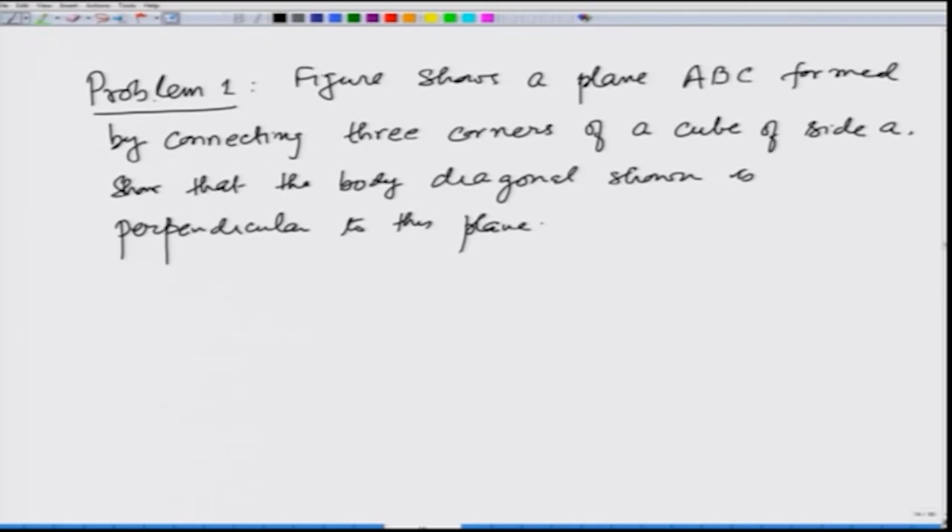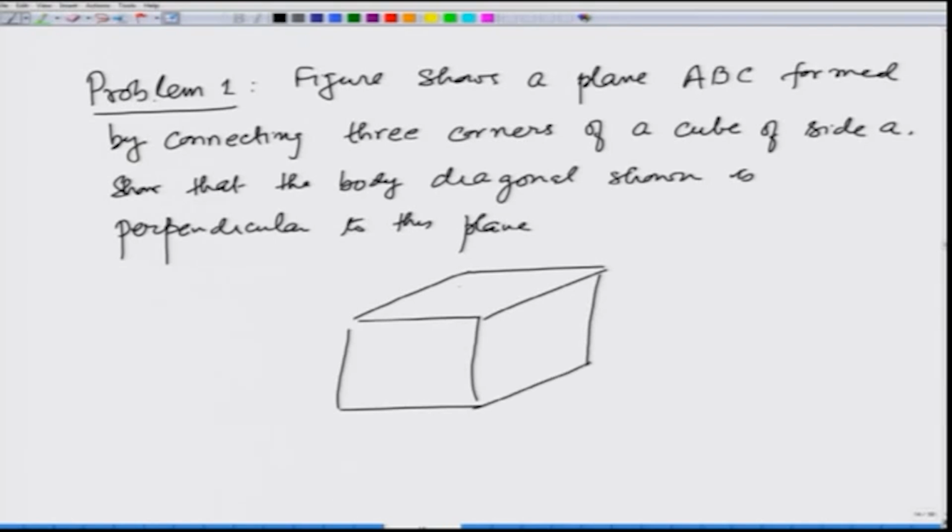And the figure we are talking about is this cube of side A, and 3 points A, B, C are these A, B, and C, and the plane formed is this triangle ABC, and the body diagonal that we are talking about is going from this point to this point.